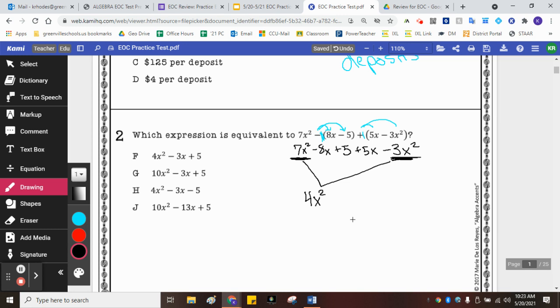We don't have any equal signs here. So 7 minus 3 is 4. Then -8x plus 5x is -3x. Plus 5. That's F.